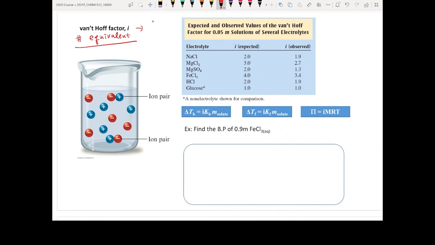For a non-electrolyte, your Van Hoff factor, which is always written as i, is always equal to 1. But for an electrolyte, it changes. So what is a non-electrolyte, and what is an electrolyte?